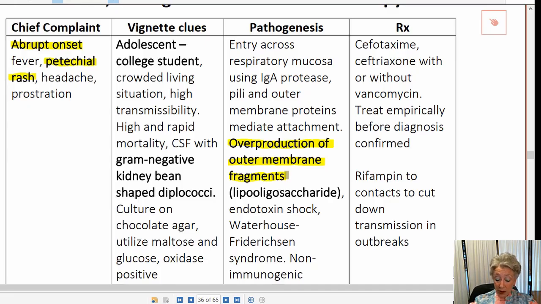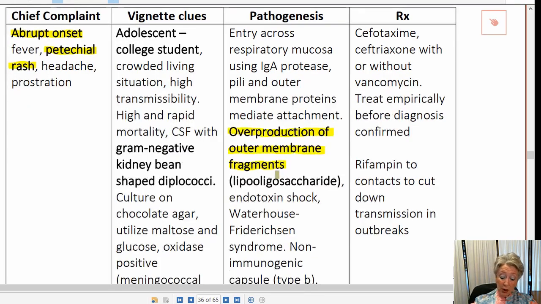Now, some books will make a big deal of this being a lipo-oligosaccharide instead of a lipopolysaccharide, but when I ask myself if I should care, my answer is usually not very much, because lipo-oligosaccharide binds to the same receptor that lipopolysaccharide does. So I'm going to get exactly the same effects of binding to CD14 and TLR4 and activating the production of tremendous numbers of cytokines.